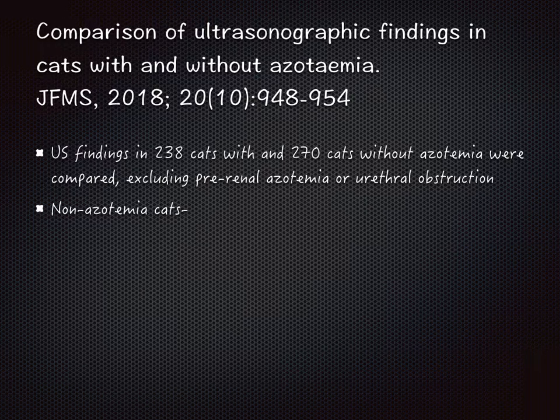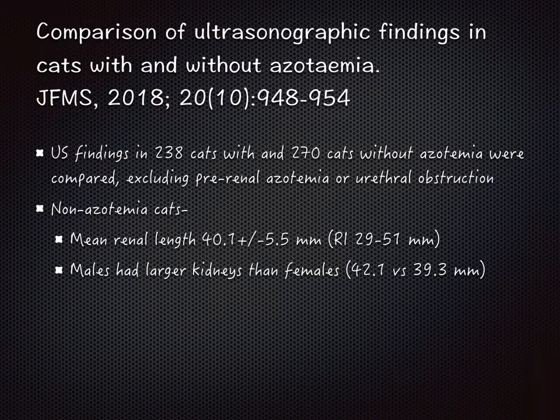In non-azotemic cats, mean renal length was 40.1 mm. Male cats had larger kidneys than female cats. Mean renal length was 42.1 mm in male cats and 39.3 mm in female cats.